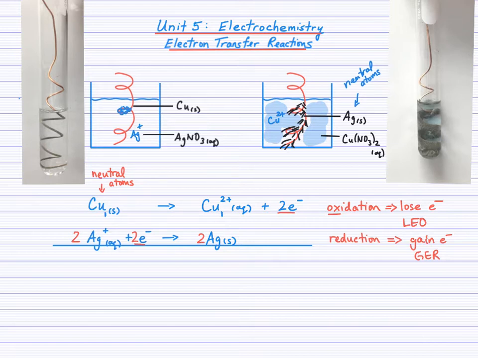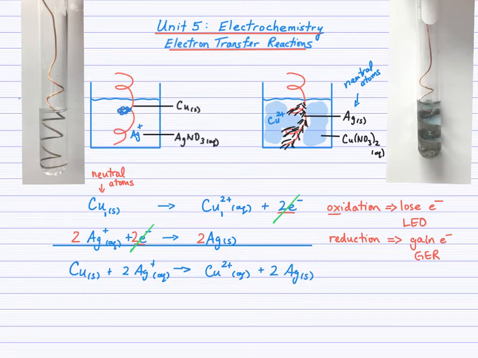And so the 2 electrons lost and gained will cancel, and that will leave us with the copper solid plus 2 of the silver ions reacting to form the copper(II) ions in solution and 2 silver solid.